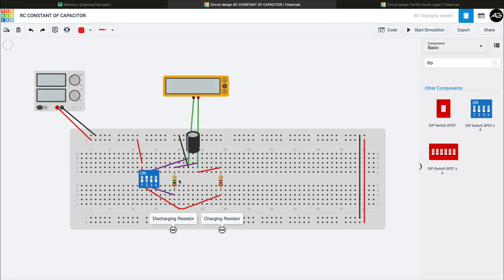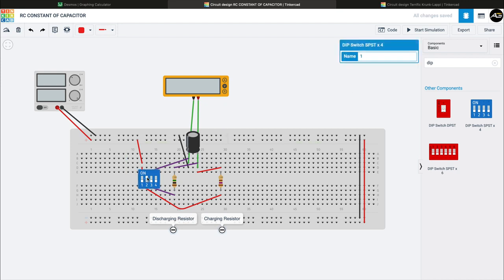That is because of the discharging resistor value. The only difference here is in the charging and discharging resistor. Discharging resistor has 1000 kilo ohms, but charging resistor is just 170 ohms.